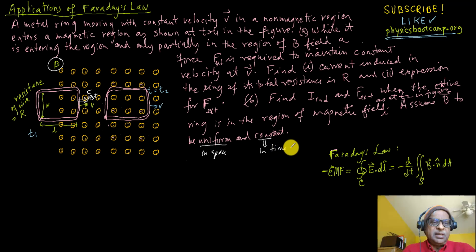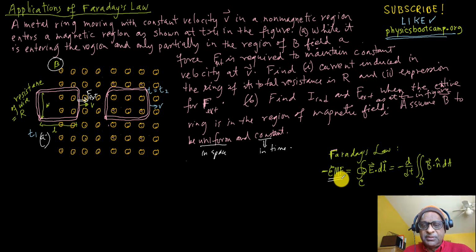So a couple of things. In this situation, that's the question, part A. Part A of the question says, when I'm in this situation, find the current that will be induced in this ring. There's some induced current going around, and we'll use Faraday's law to find it.